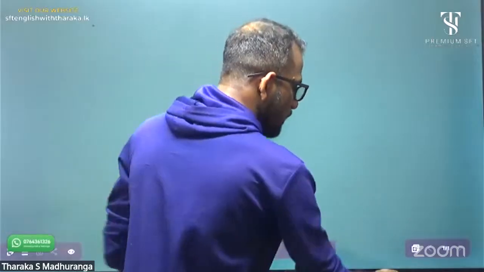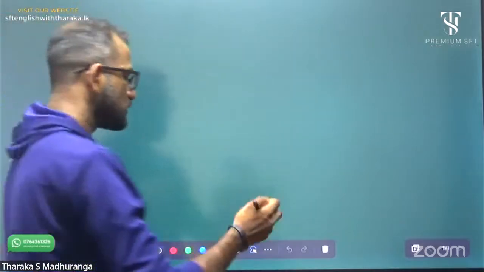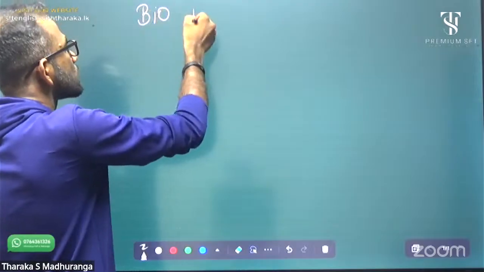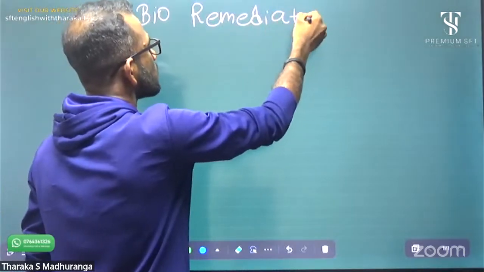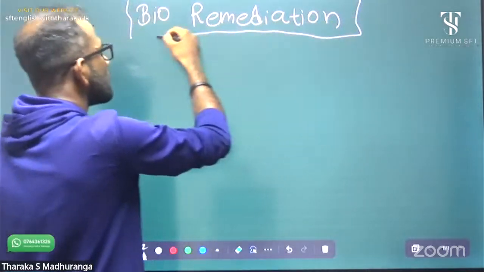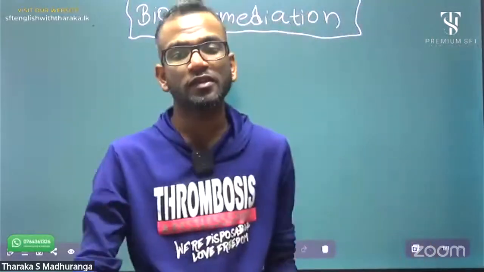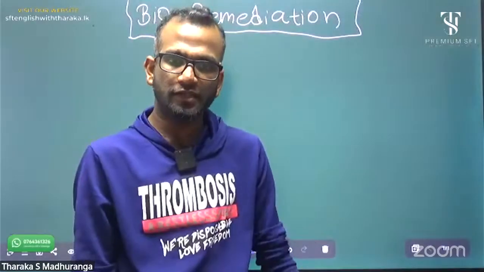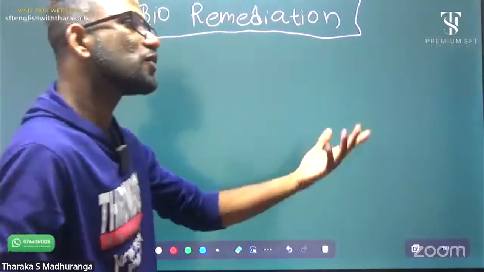I'll revise again. Yesterday's final topic was bioremediation, right? Bioremediation means using organisms to convert hazardous, toxic material in the environment into non-toxic, non-hazardous or very low hazard materials. The organisms can be plants, animals, or microorganisms.